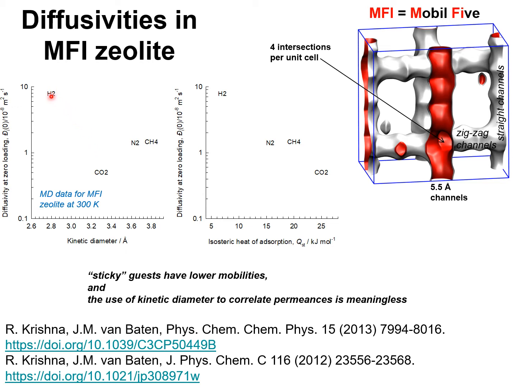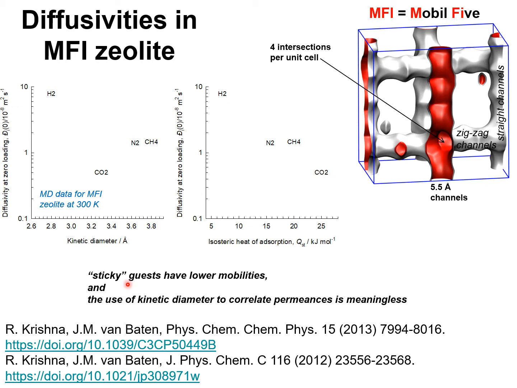As for nickel MOF 74, shown on the previous slide, we note that the diffusivity of CO2 is much lower than the diffusivity of CH4, even though the kinetic diameter of CO2 is significantly lower. And the explanation is precisely the same. The diffusivities correlate with the binding strengths.